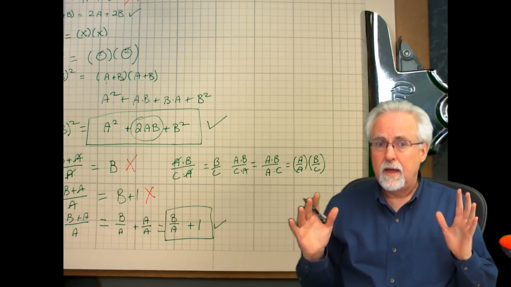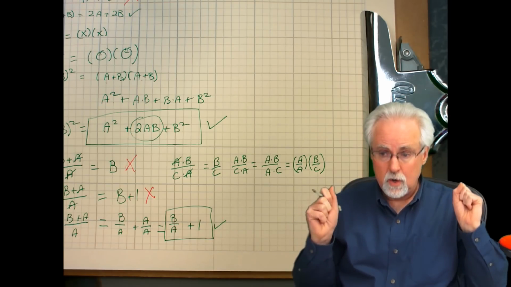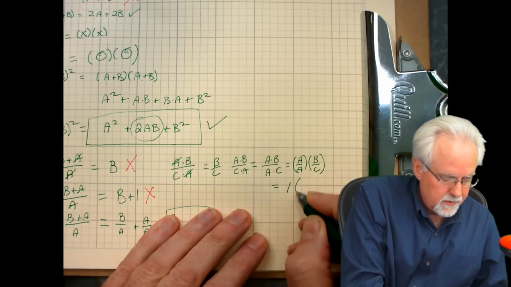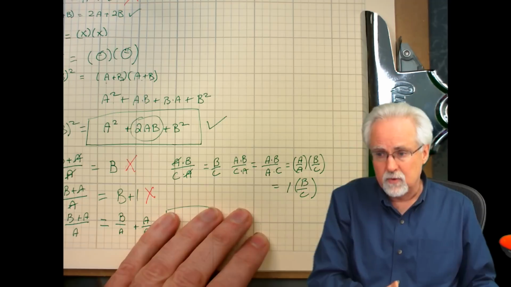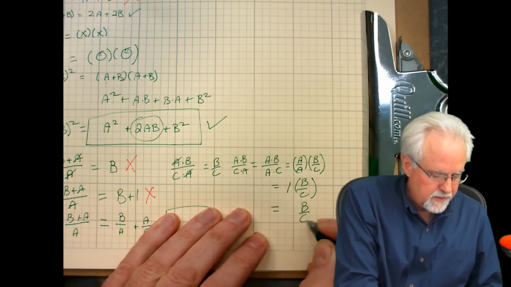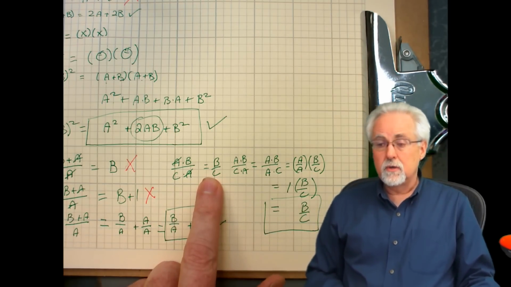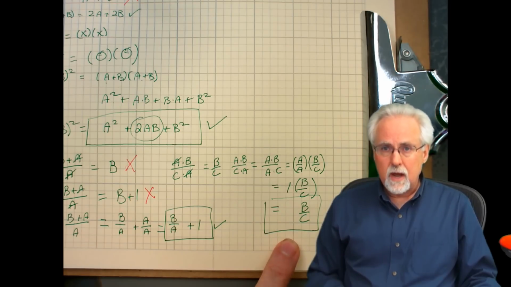No. a divided by a is equal to 1. So this is equal to 1 times b over c. Do I have to write the 1? No, I don't have to write the 1, so that's equal to b over c. This is the right answer. This is the right answer, worked the wrong way. This is the right answer, worked the right way.